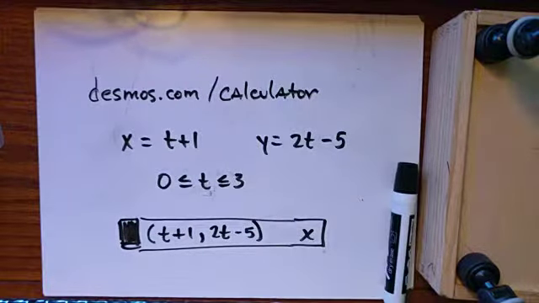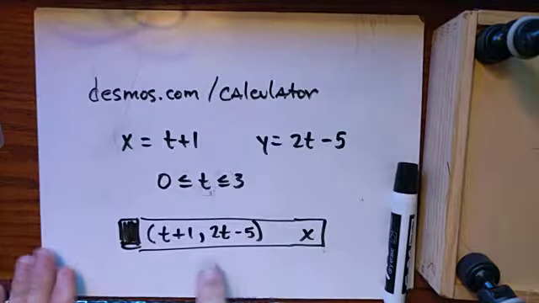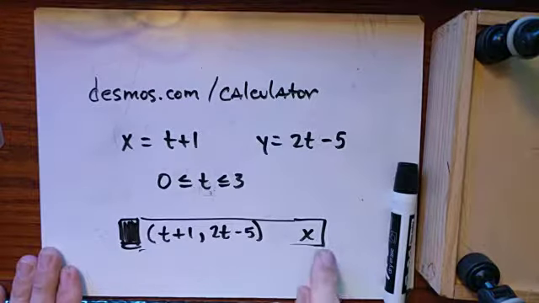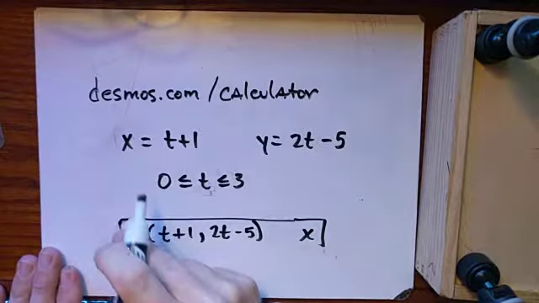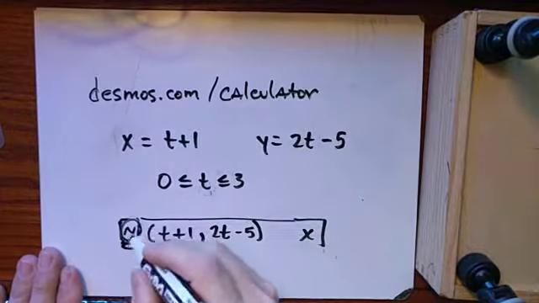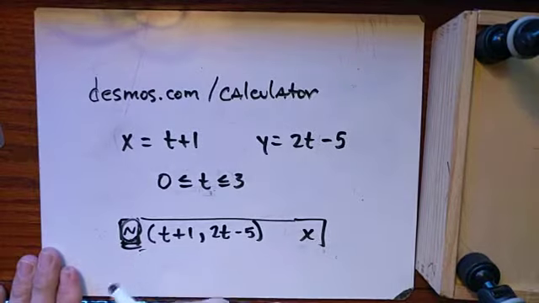Now when you do that, if you're doing that maybe in another tab while you're listening to me talk, as soon as you type this in, the box will get bigger, and this will turn out to be a curve, and it'll be some kind of color, like mine's red right now.